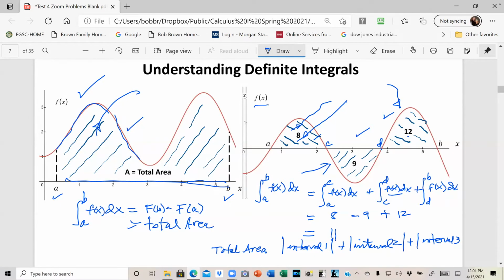And of course, that total area, if that was land, would be 8 plus 9 plus 12, equal to 29.